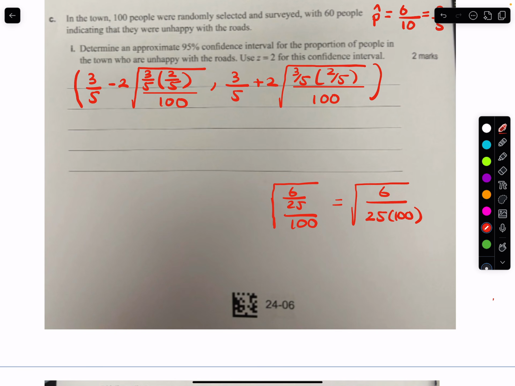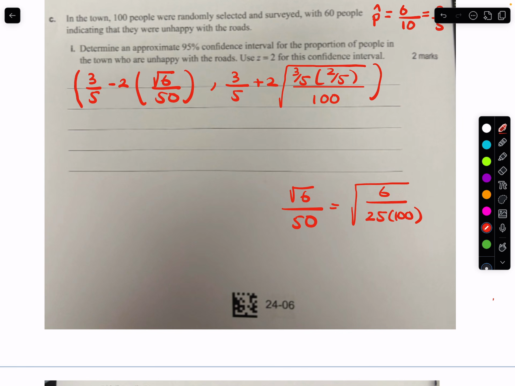That simplifies to the square root of 6, and the square root of 25 is 5, and the square root of 100 is 10, so it's actually 50. This part here is 50. So I'm going to replace all these parts here with that, square root 6 over 50. Also the same with this one here.